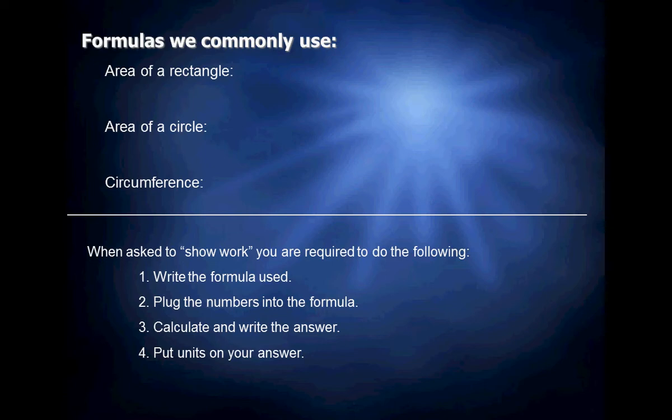So we have some formulas we use, and I'm sure you know this. The formula to calculate the area of a rectangle is what? Length times width, yes. Area equals length times width. How about a circle?